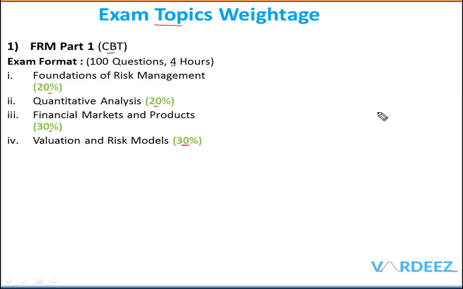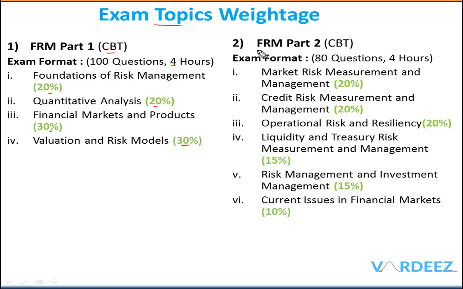So this is the FRM Part 1 curriculum, and this is FRM Part 2. Again, this is going to be CBT, computer based testing. The exam format is 80 questions, and you have 4 hours to complete FRM Part 2. Again, no negative marking in Part 2 as well.